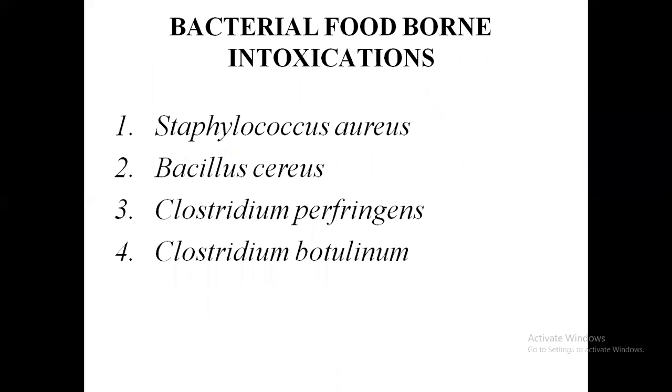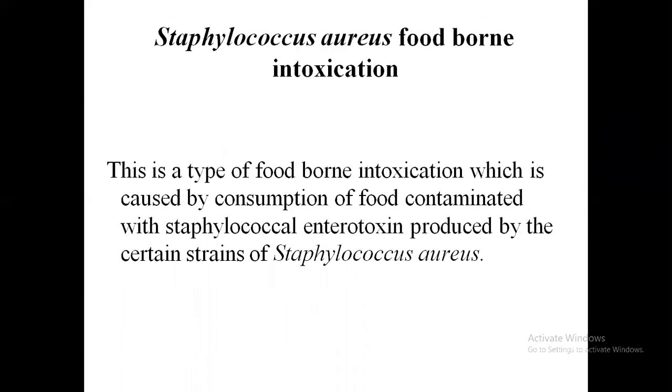In bacterial intoxicants, we have Staphylococcus aureus, Bacillus cereus, Clostridium perfringens, and Clostridium botulinum. Clostridium botulinum is very poisonous. Sometimes Staphylococcus also. They may be present in the food and cause toxicity to the human cells.